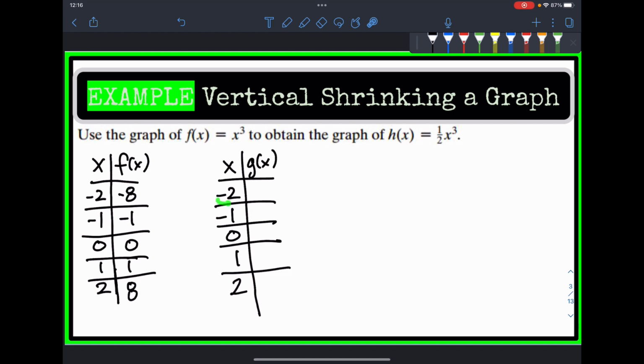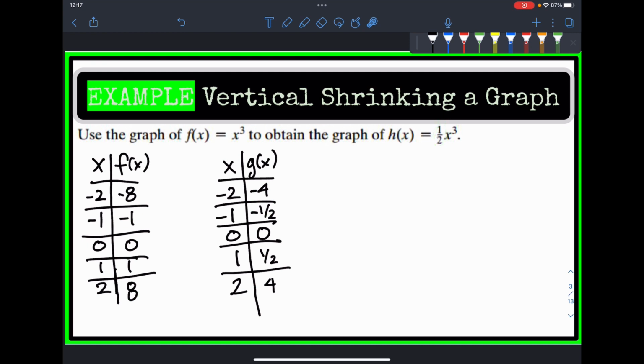So since -2 to the third power is -8, multiplying -8 by 1/2 equals -4. Inputting -1 gives me -1/2. 0 still stays at 0, then +1/2, and then +4. With the exception of 0, we can clearly see that our y values are now half of what I originally got before multiplying by 1/2.